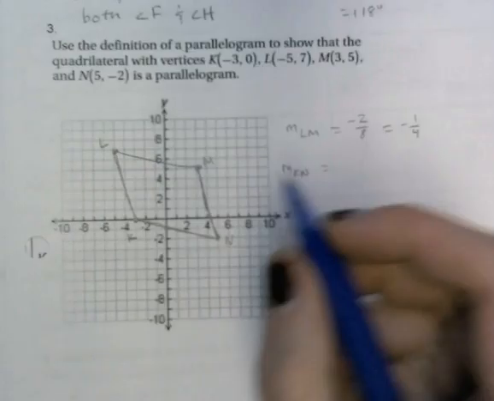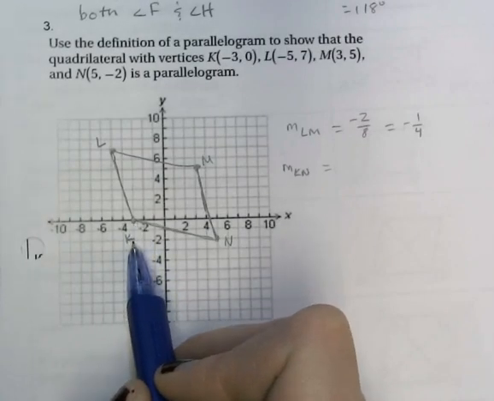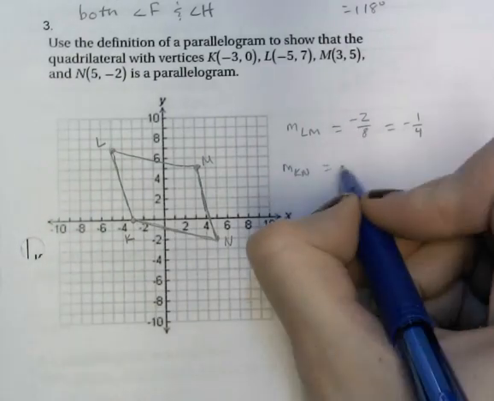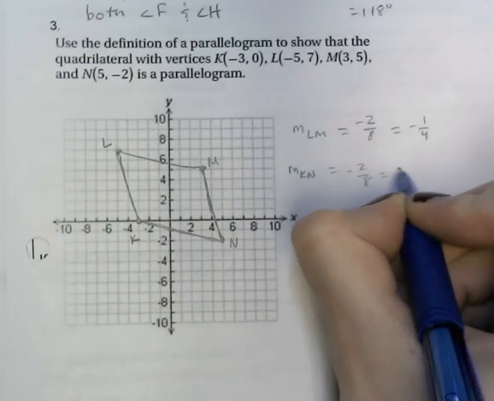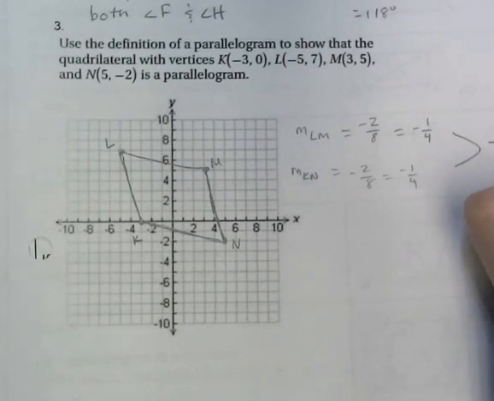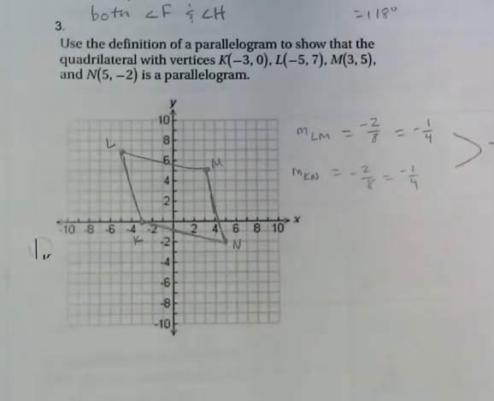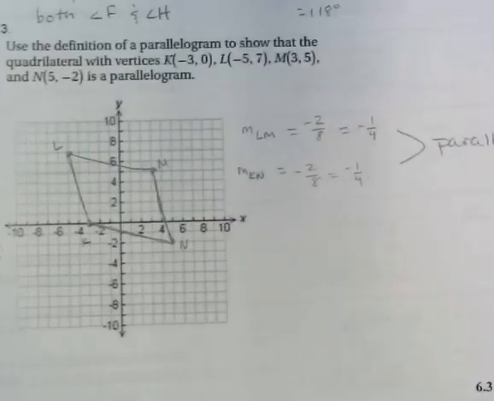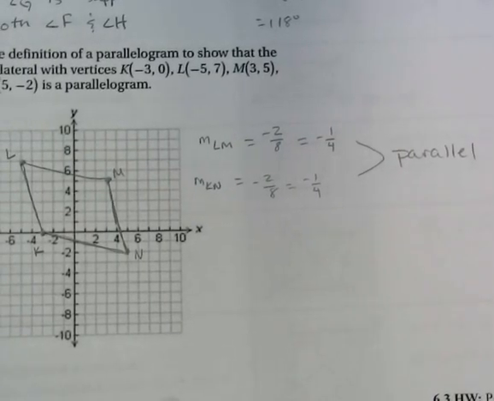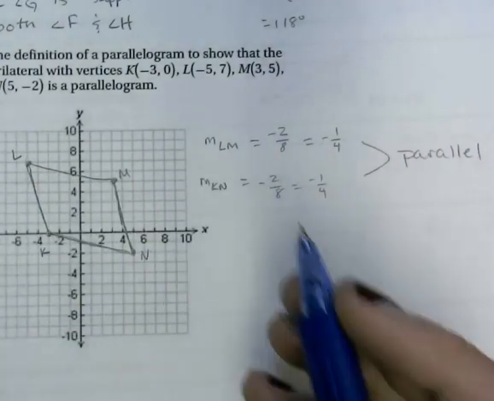So KN, rise and run, down 2 again, and over 1, 2, 3, 4, 5, 6, 7, 8. So it looks like I'm going to get exactly the same slope. Which means LM is parallel to KN. I wrote parallel there, sorry, that cut off a little bit. Okay, next one we're going to do is our two sides, LK.